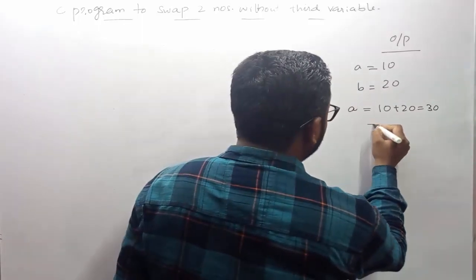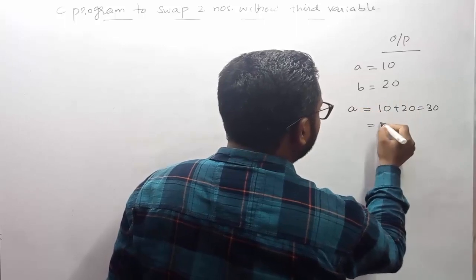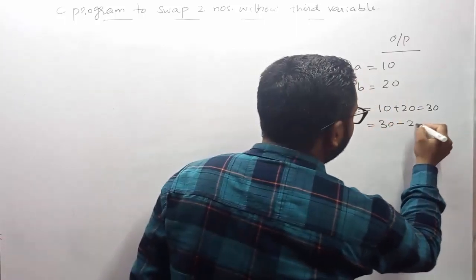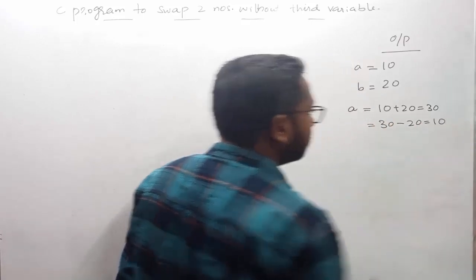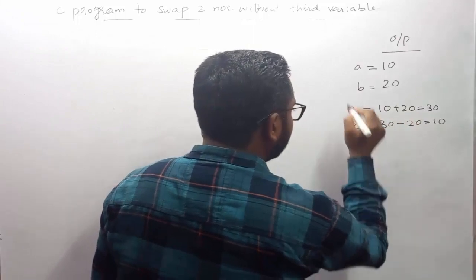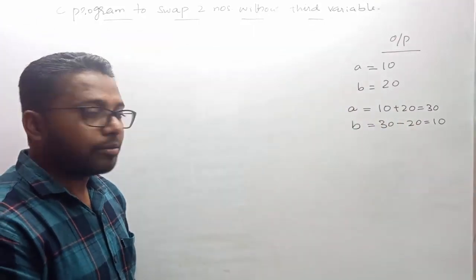Then I will perform 30, which is the new value of A, minus the B value, which is 20, and I have got 10, and I will pass this new value 10 to B. Now the new value of B is 10.